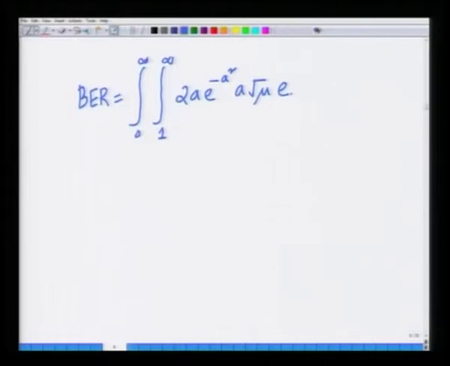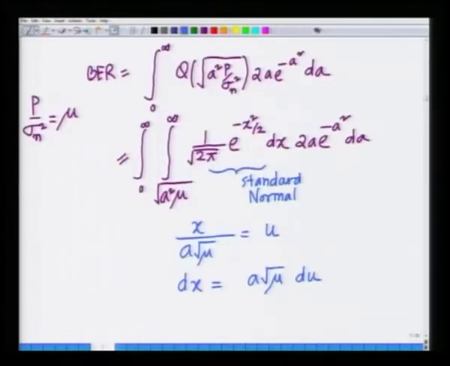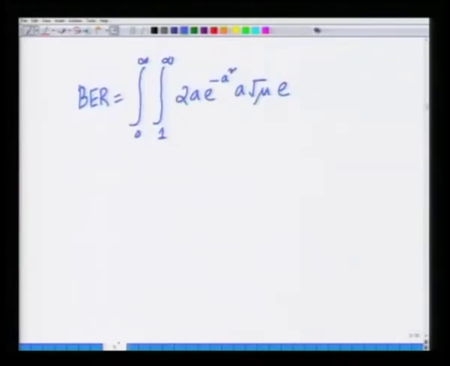Now, x as we have seen is a square root of mu times u, which means x square is a square mu u square. So, that is what I am going to write over here, which is minus mu a square u square over 2, times du times dA.